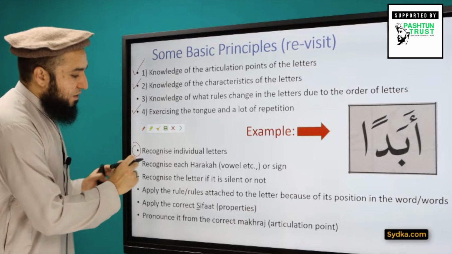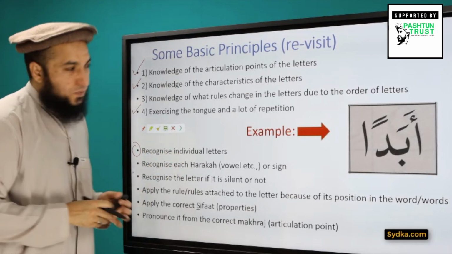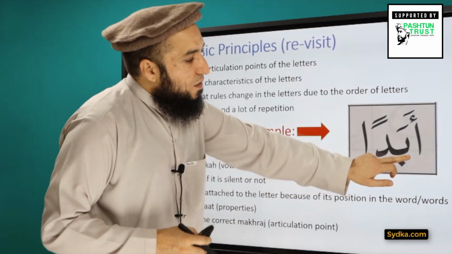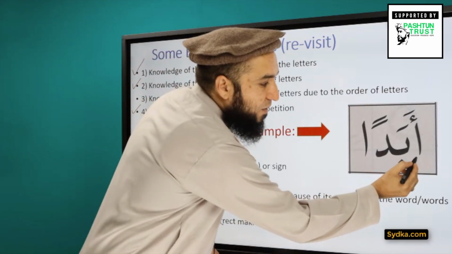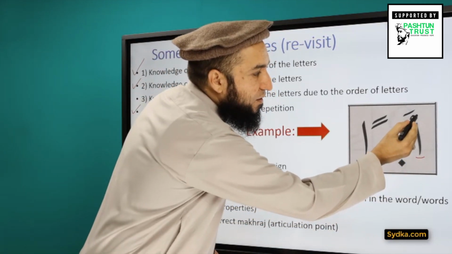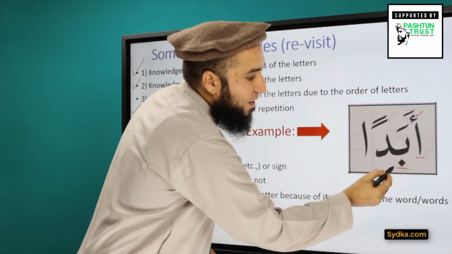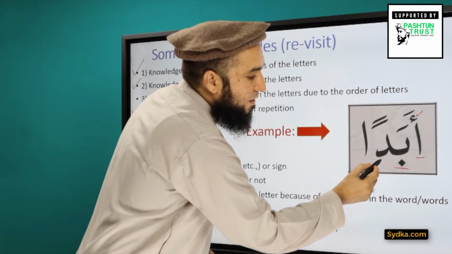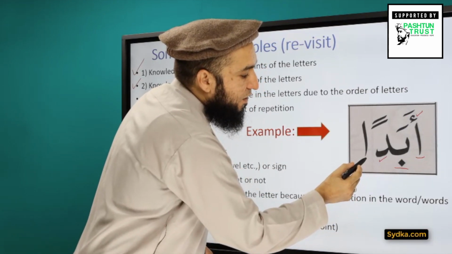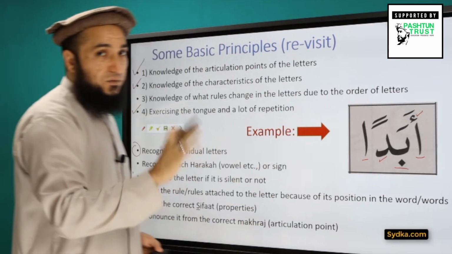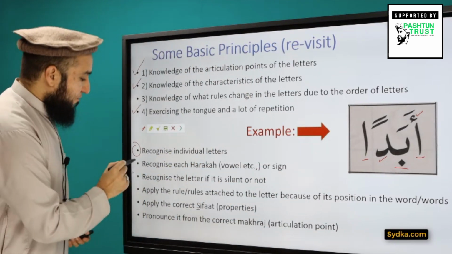The first one is recognizing individual letters. So here the first one is alif, second is hamza, third is ba, next is dal, and the final one is alif. So we recognized individual letters, step one.